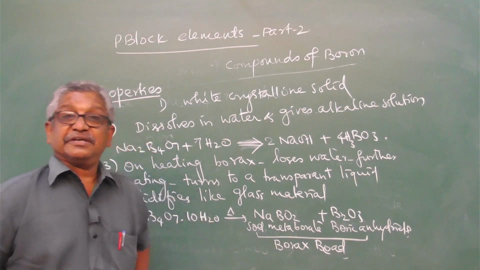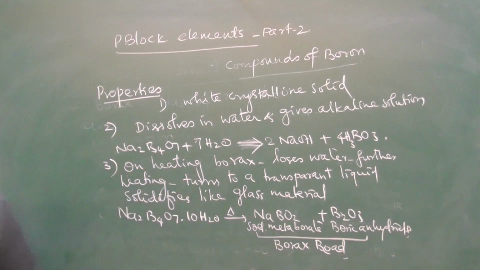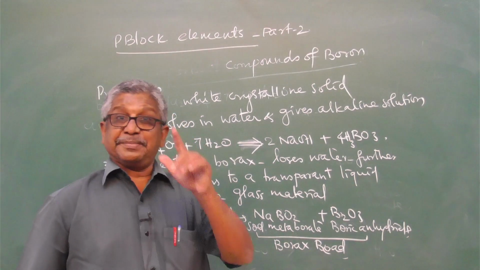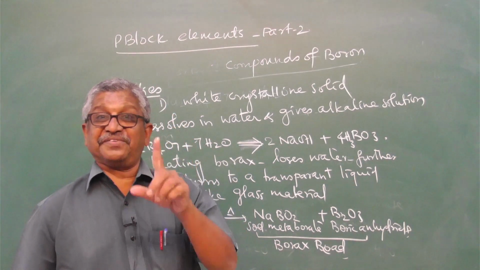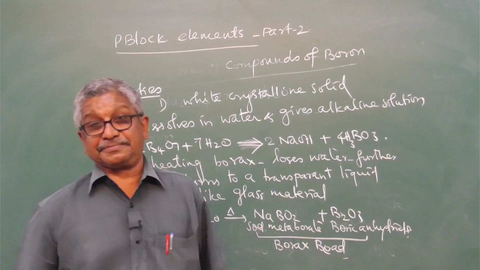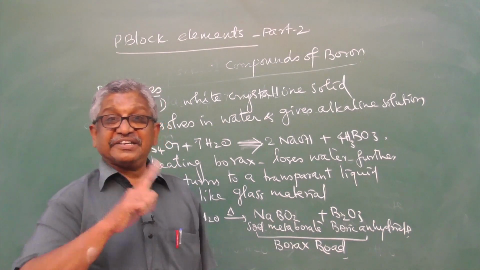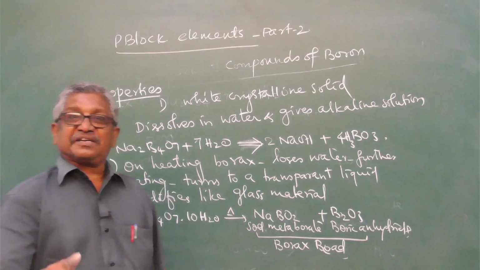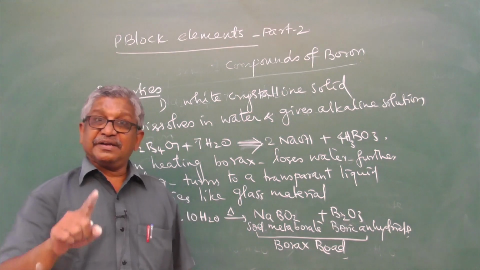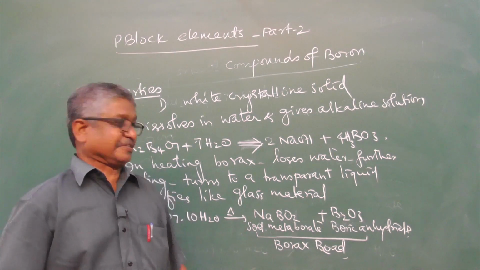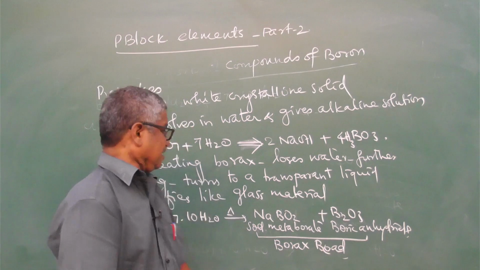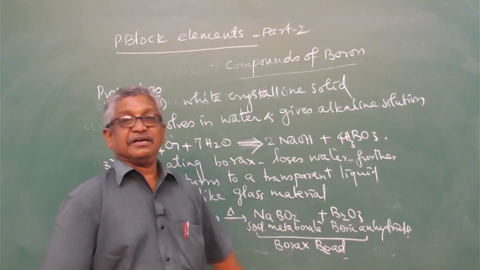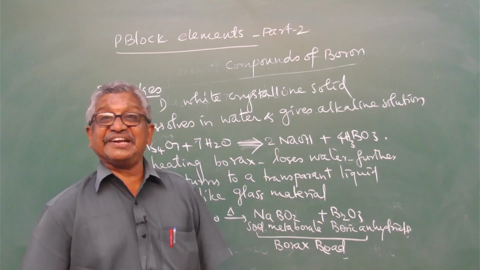When the borax bead is treated with metallic ions, the metallic ion is responsible for imparting color. What are the colors given by which type of metal ions? The borax bead is sodium metaborate and B2O3, a solidified glass-like material.